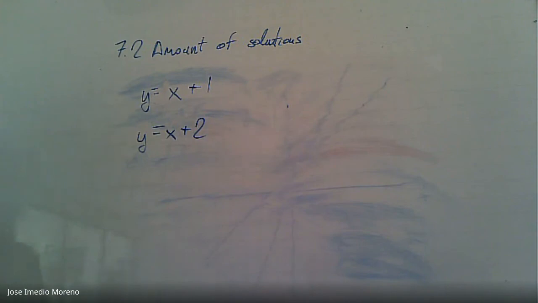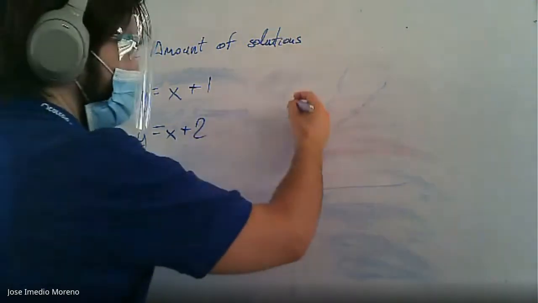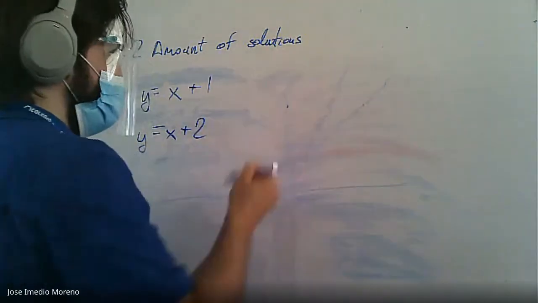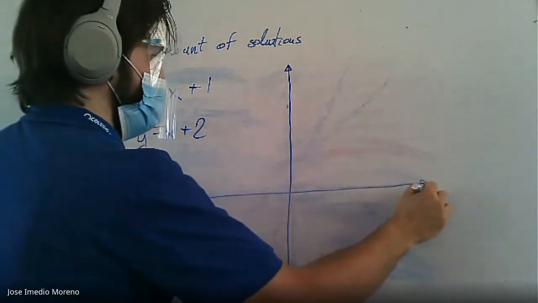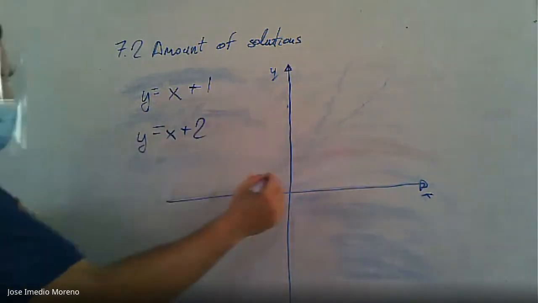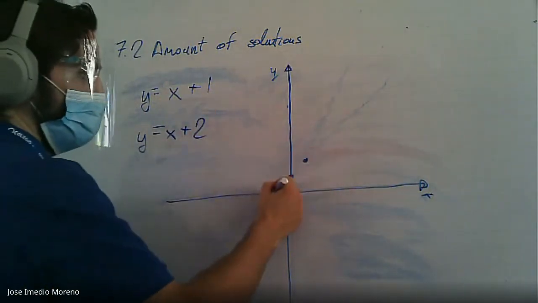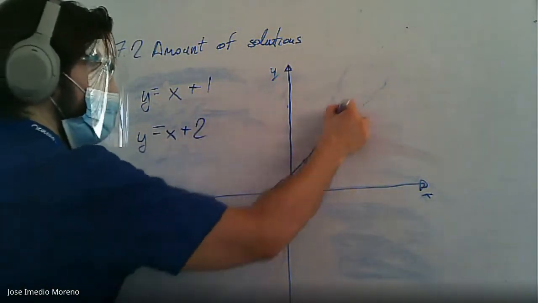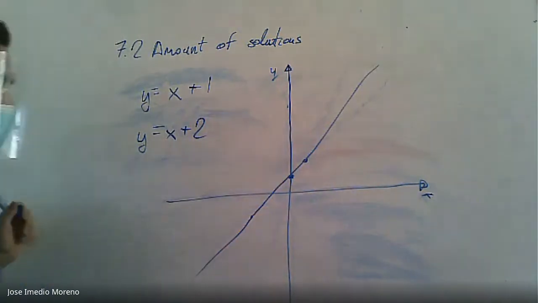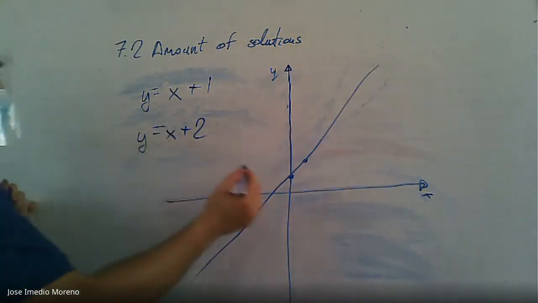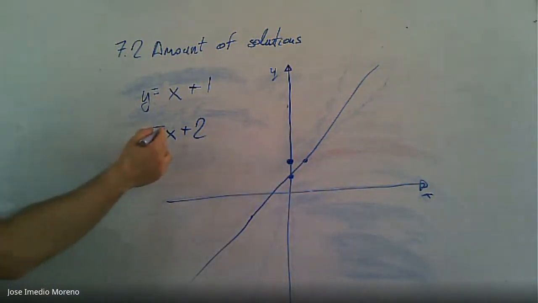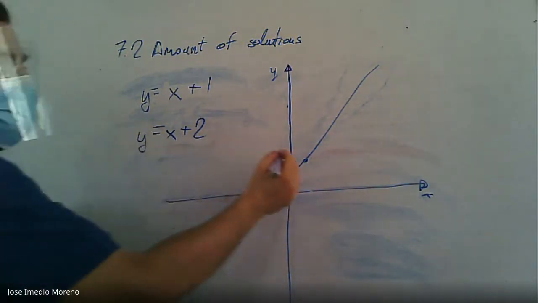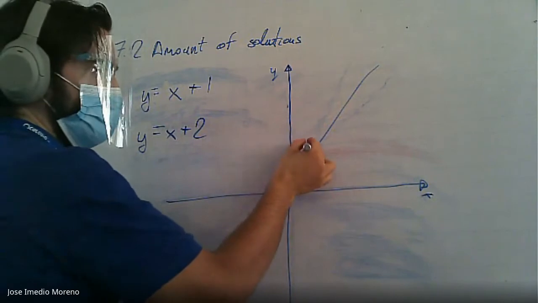If the second line is x plus 2, you know that the first line is going to be the same. It goes through these points. And x plus 2, the y-intercept is placed at 2, and the slope is also 1. So it goes 1 to the right and 1 up.